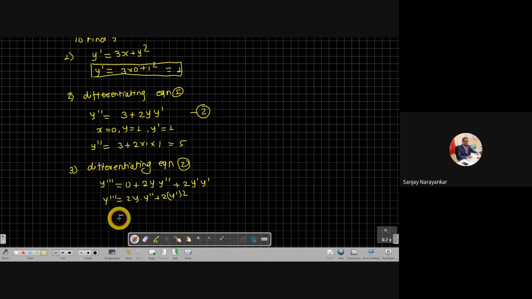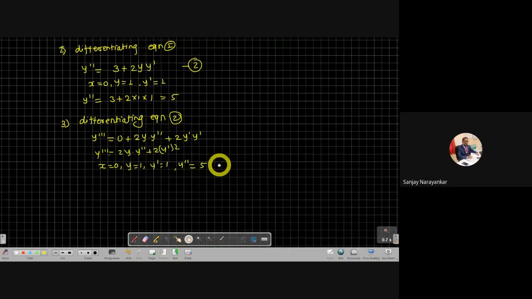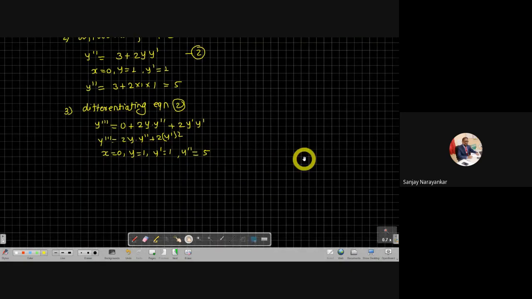So let's substitute the values now. We have x is equal to 0, y is equal to 1, y dash is equal to 1, and y double dash is equal to 5. Let us substitute all these values in y triple dash.